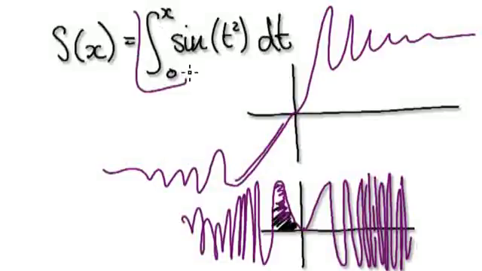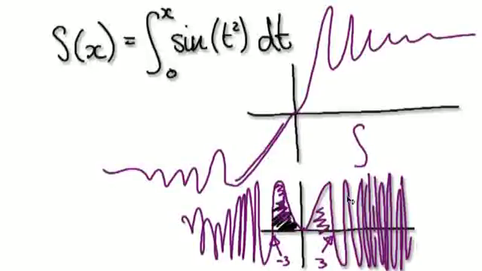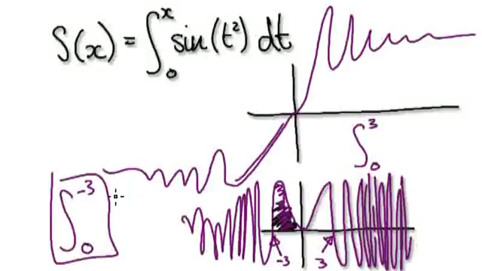Well, if you think about it, let's just imagine that this here is at negative 3, and this here is positive 3. The area here is from 0 to 3. Now this area here is from 0 to negative 3. In order for us to really evaluate this, we would need to switch these two around.